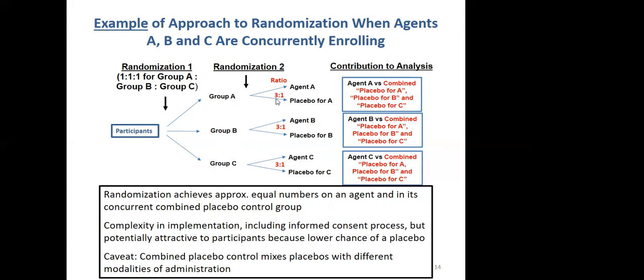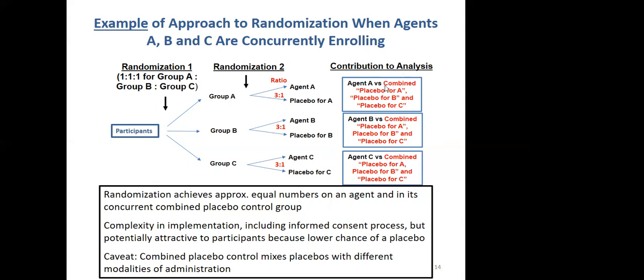Well, we're trying to create, in the ultimate analysis, a group of participants who are randomized to receive a particular agent, say agent A, and compare it to a group of participants that received any one of the, in this case, 3 possible agents. So the 3 to 1 ratio here gives a comparison where the 2 groups are roughly of equal size.